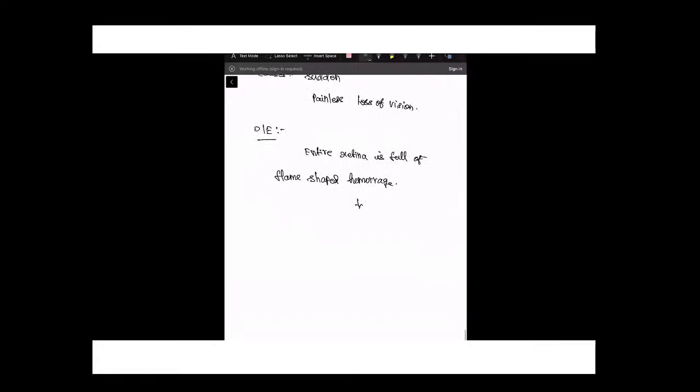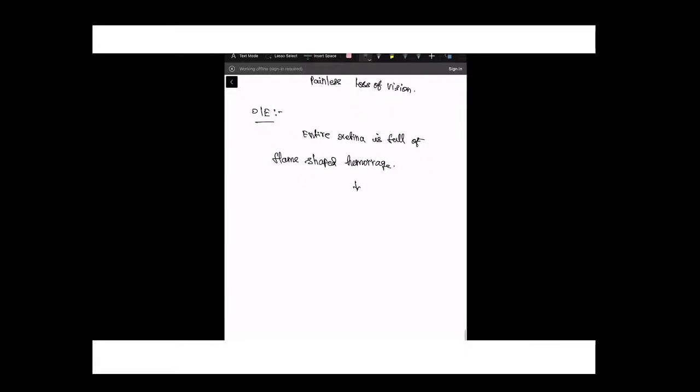What do you call this appearance? Anyone? Can anyone tell me? What is the name of this appearance? Very important. Tomato ketchup. Splash tomato.